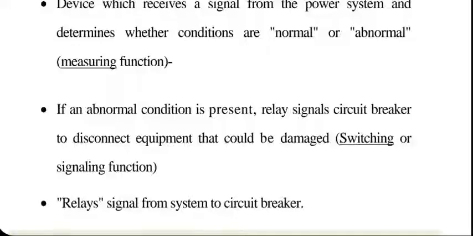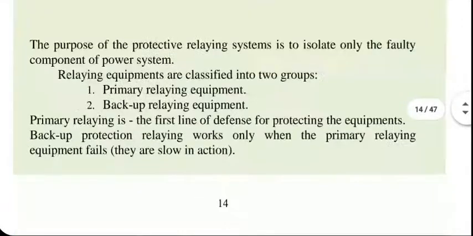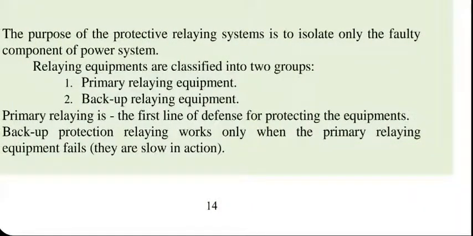Okay. So basically control part is transferred to low current side in the protection system. Decision making is done on the lower current part of the circuit, and decision is conveyed, or at least the recommendation is conveyed to the circuit breaker, which will decide to break the circuit. And we isolate only the faulty part.